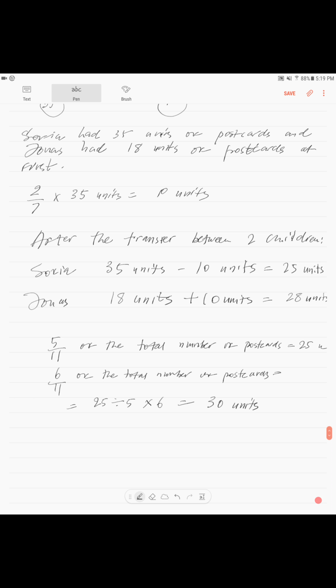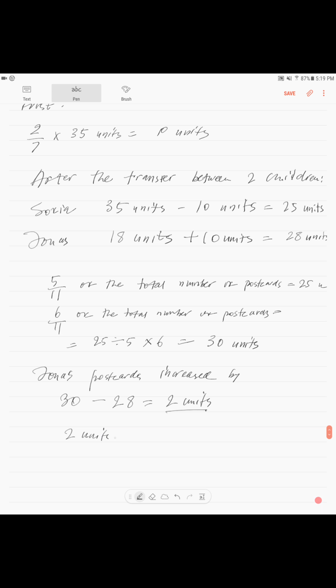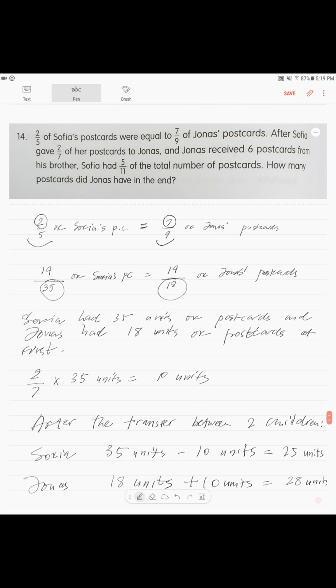30 units, right? So Jonah's postcards increased by 2. Jonah's postcards increased by 30 units minus 28 units, 2 units. 2 units, right? 2 units is 6. This is what they tell us.